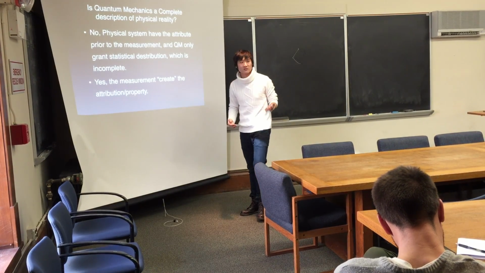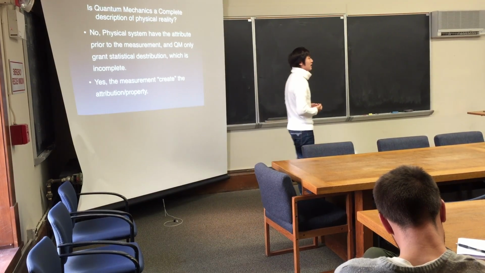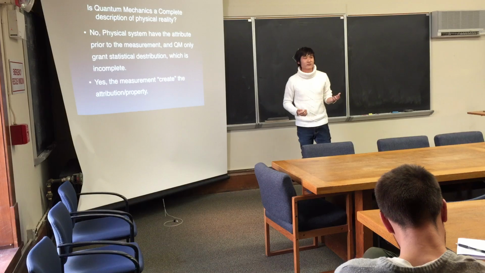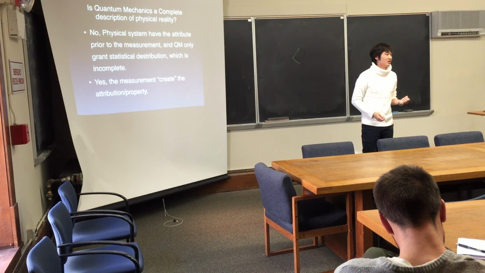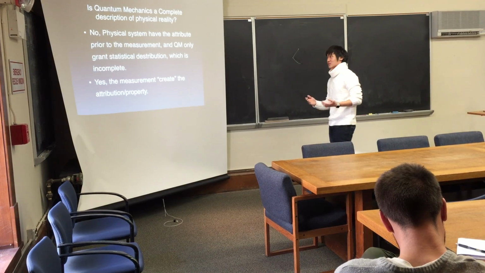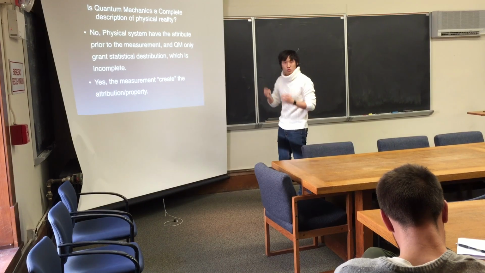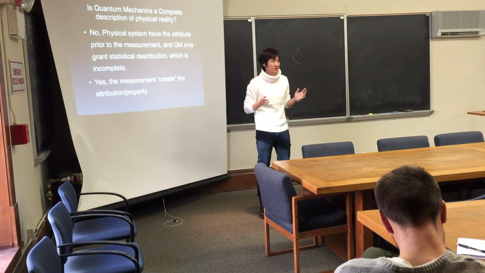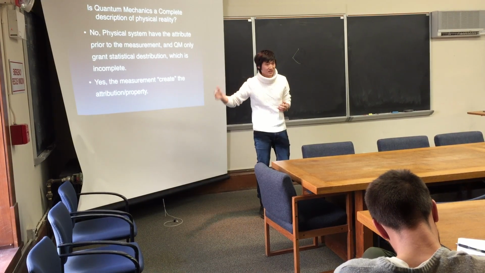Fundamentally, there are two kinds of views on this question. One is favored by Einstein, with his famous quote, God does not play dice. In that interpretation, the physical system does have attributes before the measurement, and it's all predefined.